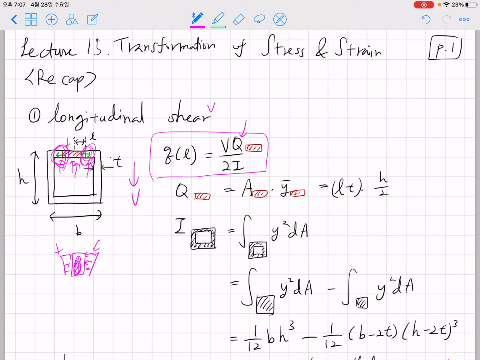In obtaining the Q integral, we focus on this red area, and we can simplify the integral as the area of this red one multiplied by the position of this red area, which is y bar red. Okay, and after plugging in the characters we have, the L, T and H over 2, we can obtain the Q integral in analytical form.